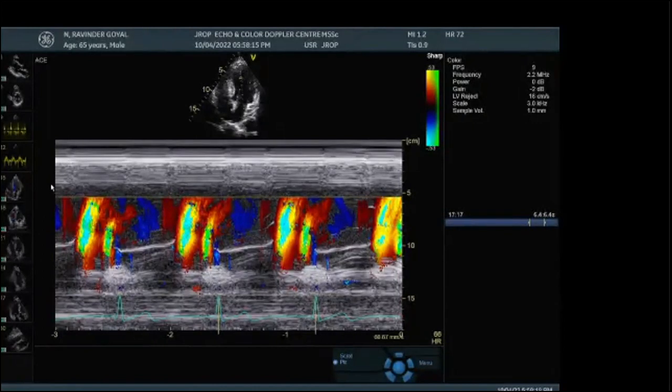What exactly does it mean: when you switch on the colors, the blood flows from LA to LV, and by M mode we are able to see its speed.